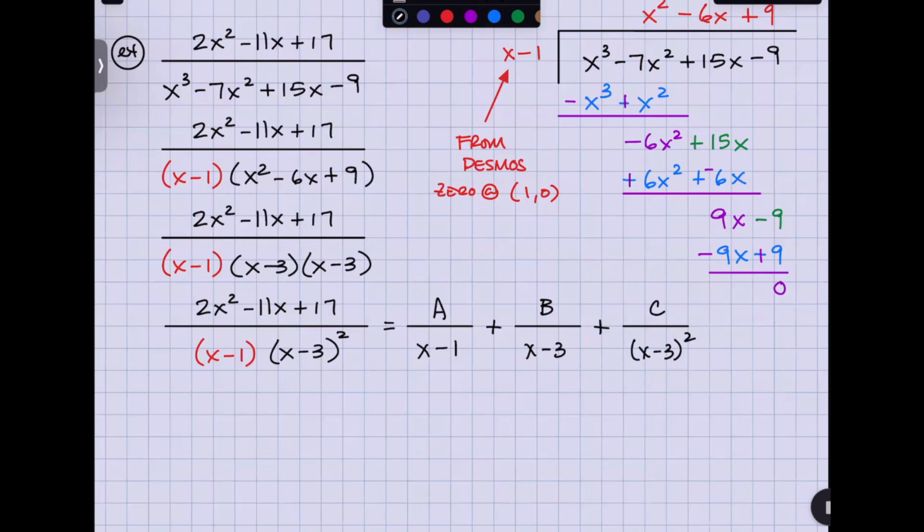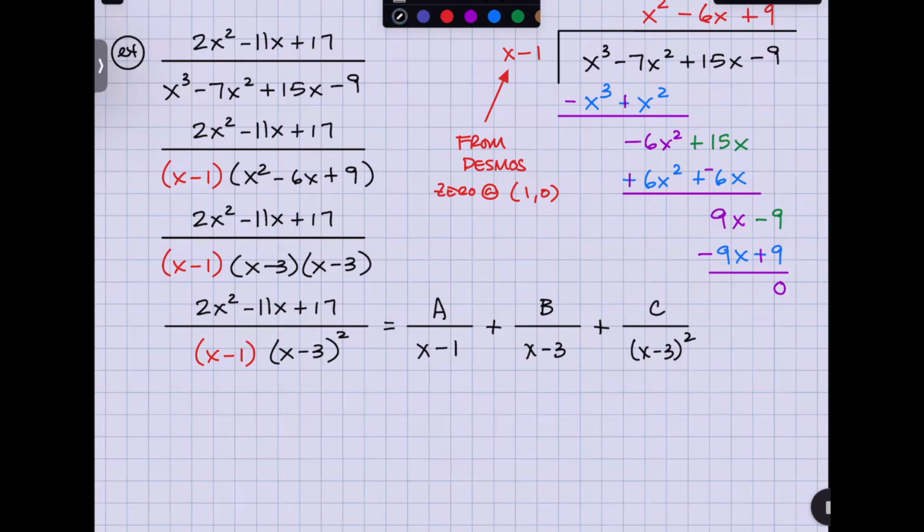So this is a repeated linear. Since it's the second power, I have to write one for the first power and one for the second power. That's why you see there's 3 fractions here. Okay? Go ahead.